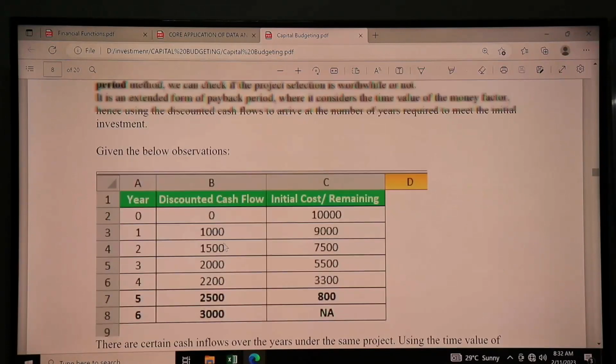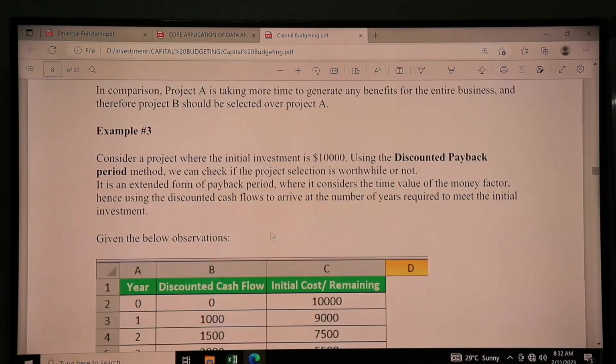The other way of doing the same is using the discounted payback period method. I know you did the discounted payback period with many formulas in Excel, and you computed the same. Here in Excel, you can achieve the same in the easiest way possible. Consider a project where the initial investment is the same.